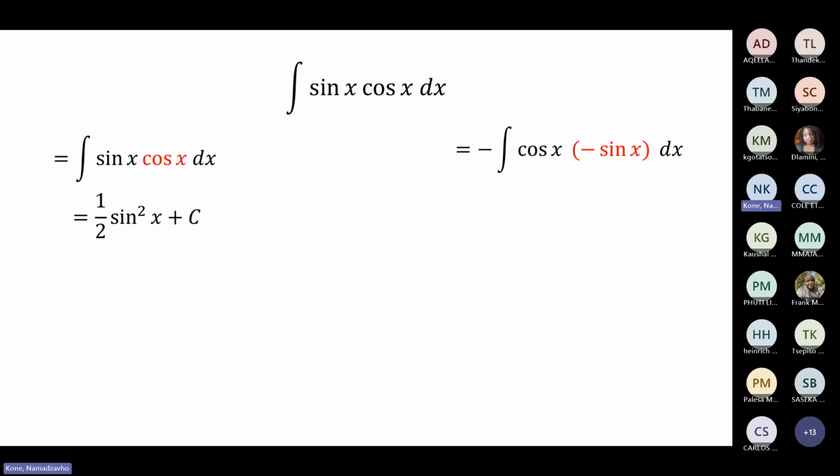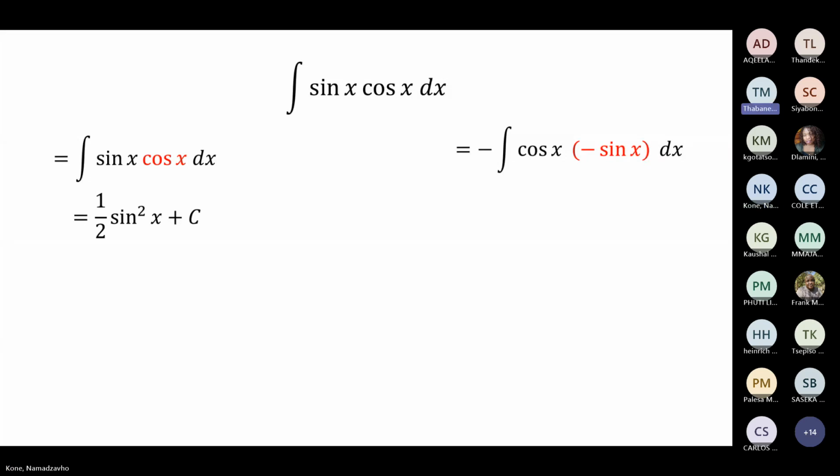The question is, we have set up our integral so that we can identify our f of x, which is cos x in this case, the one in black, and the derivative thereof, which is what is in bracket there in red, which is minus sine x. Minus sine x is the derivative of cos x. So my question is, what will be the next step after we apply the integral using rule number 2?